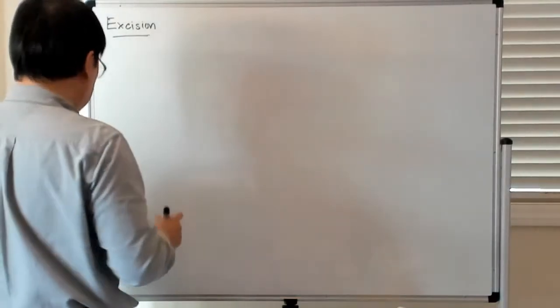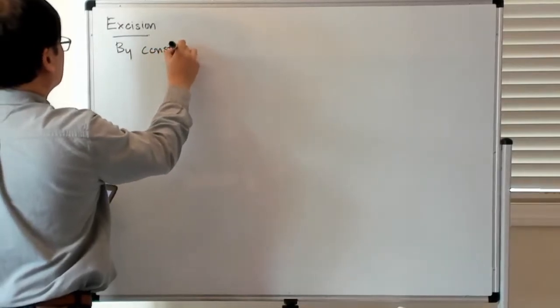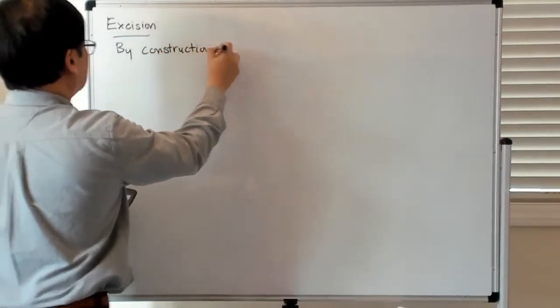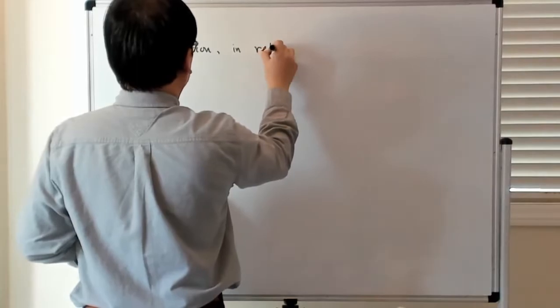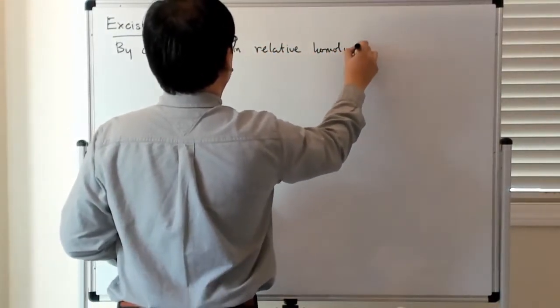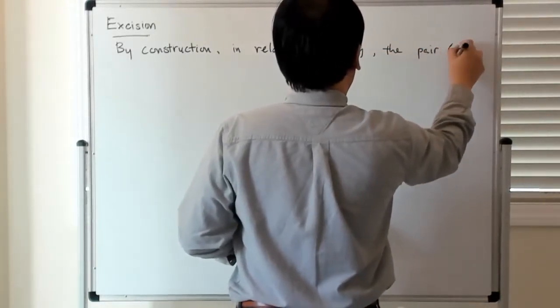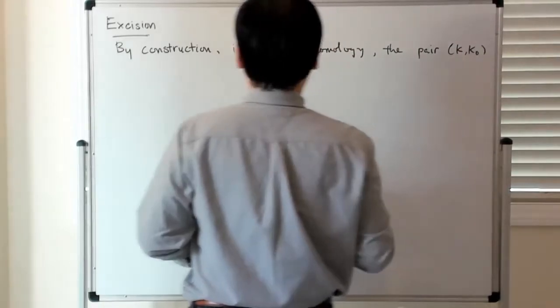By construction, in relative homology, the pair K comma K0 doesn't really matter.